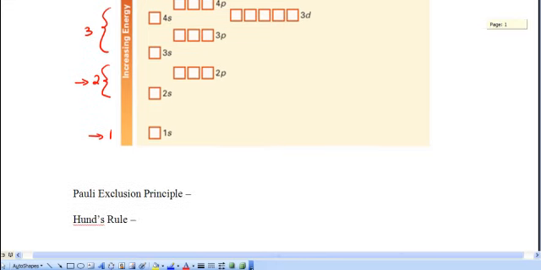Next, you have what's called the Pauli exclusion principle. The Pauli exclusion principle simply says that only two electrons can fill an orbital. I'm going to use arrows to designate electrons. If you have one electron, it has to first go into the 1s orbital.